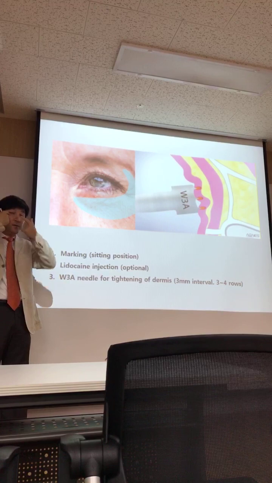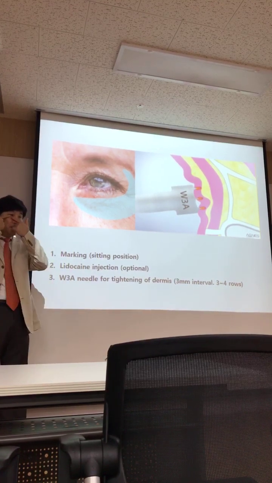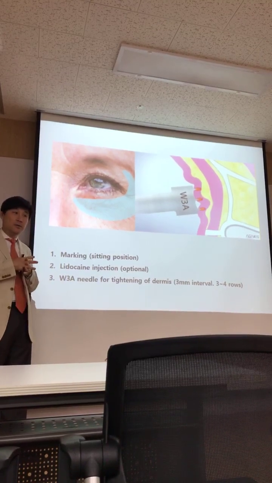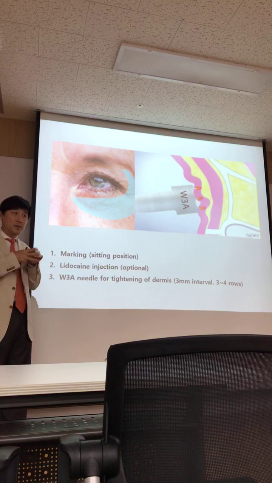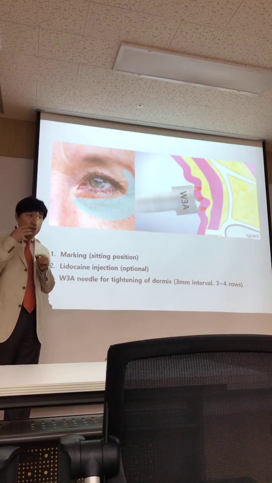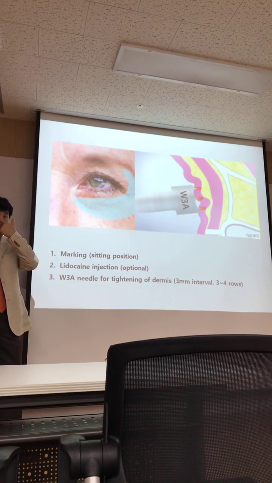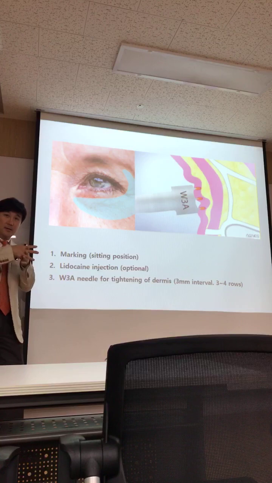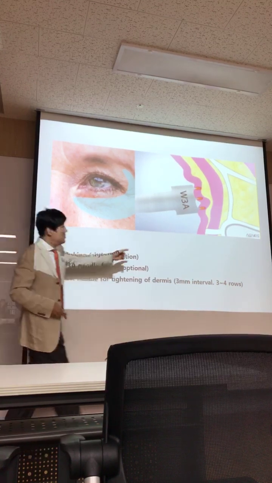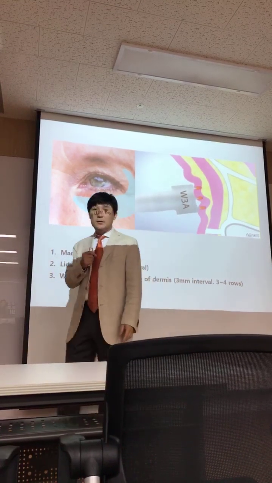Because the skin is very soft and redundant, without skin stretching it is not possible to insert the insulated part of the needle. It is very difficult, almost impossible. But if we stretch and then insert, it is very easy to insert the needle, because the needle is only 0.8 millimeter.